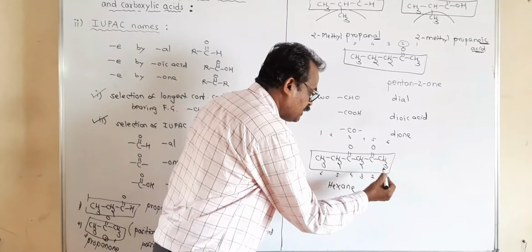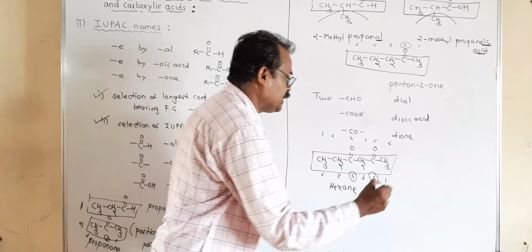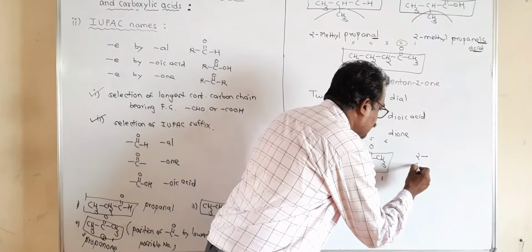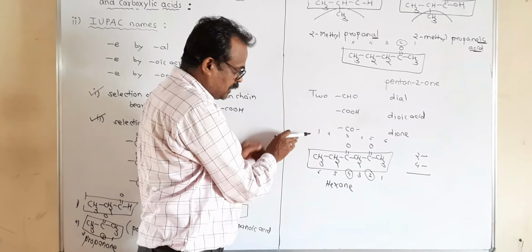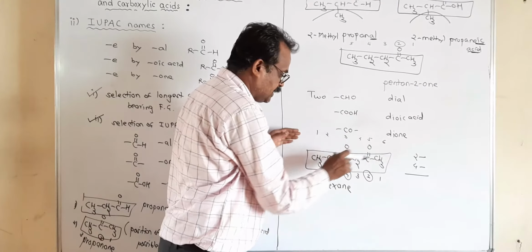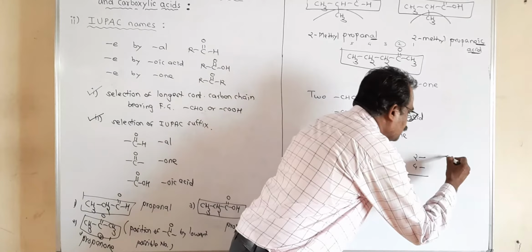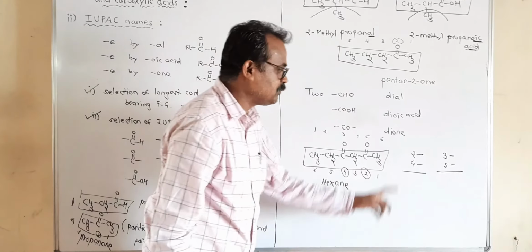If we number the chain from this end, we get the positions of the CO groups at 2 and 4. And from this side, if we number 1, 2, 3, 4, 5, 6, the positions of the CO groups come at 3 and 5. Now you take the sum of these locants.